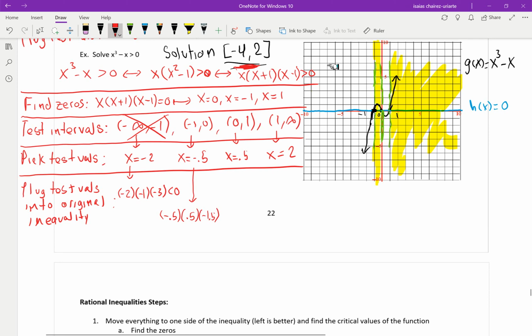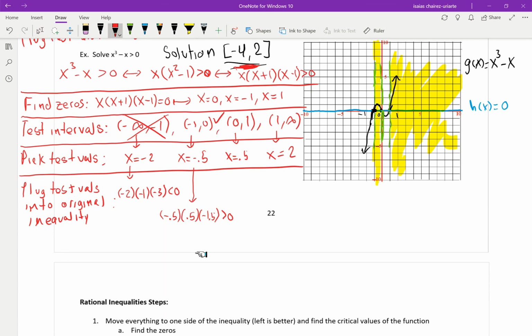Yeah, if I replace my x's in the original with -0.5, this becomes -0.5 plus 0.5 minus 1 times -1.5. And so negative times a positive times a negative is going to become positive. So it looks like this interval, -1 to 0, does satisfy my original inequality.